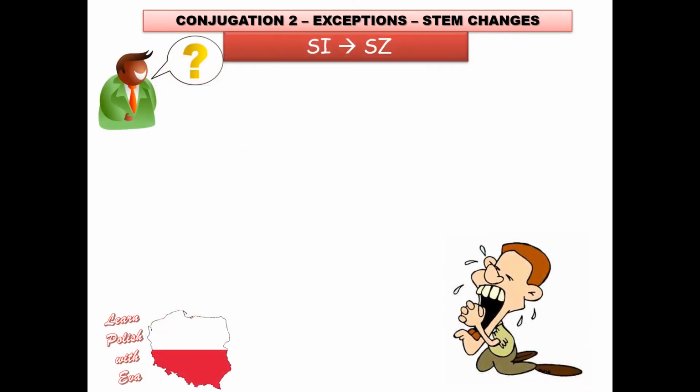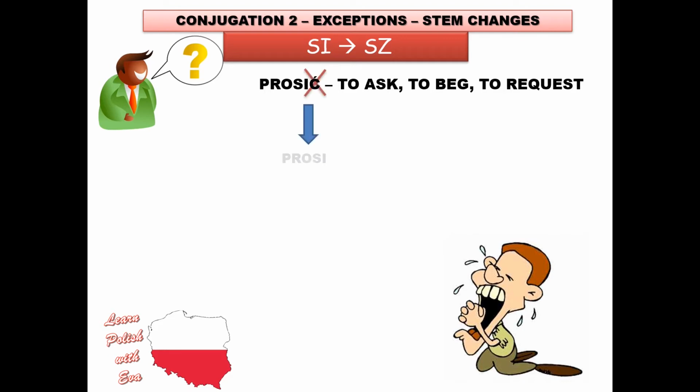We will start with si, that changes to sz. PROSIĆ, which is to ask, to beg, to request. What do we do? We do exactly the same thing as we've seen in all of the previous videos on verb conjugations. We remove the ć letter of the infinitive. We are left with prosi, and this prosi will take the adequate verb endings, okay?